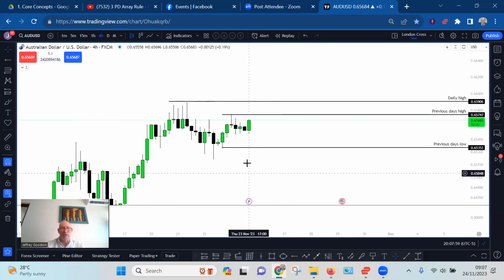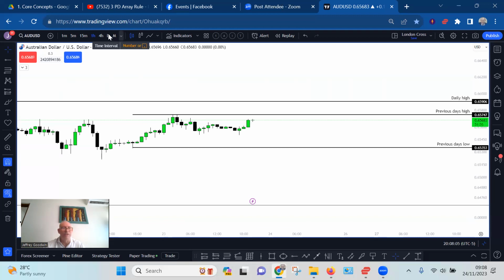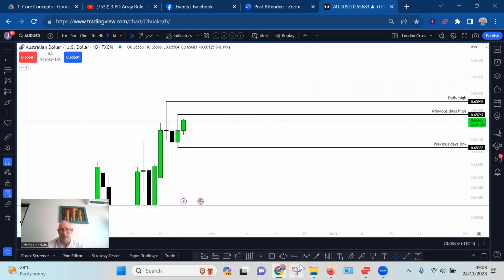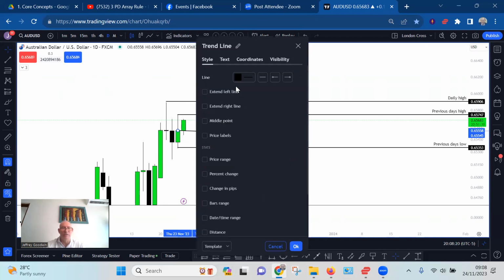So this is where we are now. I'm going to do one more little thing. I'm going back to the daily, sorry, and I'm going to draw a short blue line on the low here, and I'll make that blue so we can tell the difference.